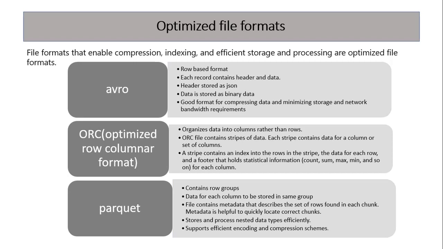If you look into this format, it contains stripes of data, and each stripe holds the data for a column or set of columns. Each stripe contains an index into the rows in the stripe, so this is for fast reading or searching of the data. It also has the data for each row and a footer that holds statistical information, for example count, sum, maximum, minimum.